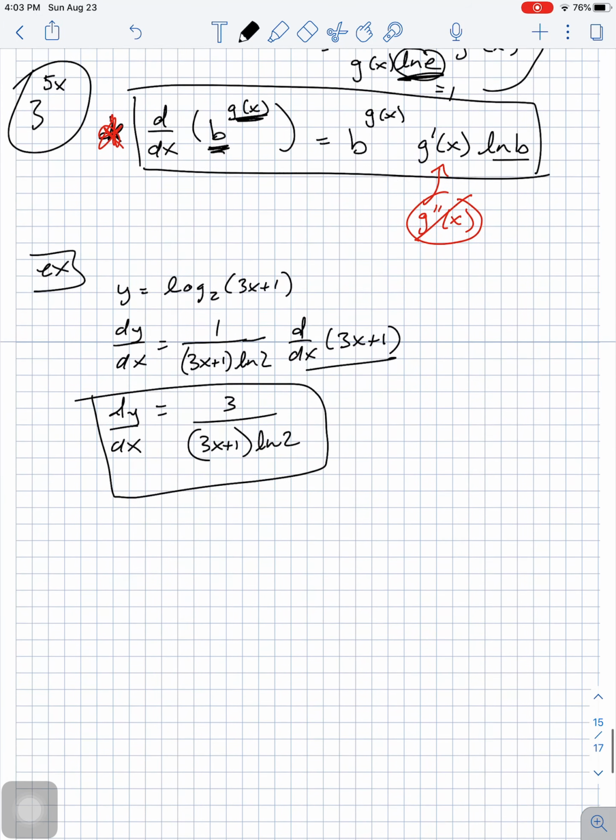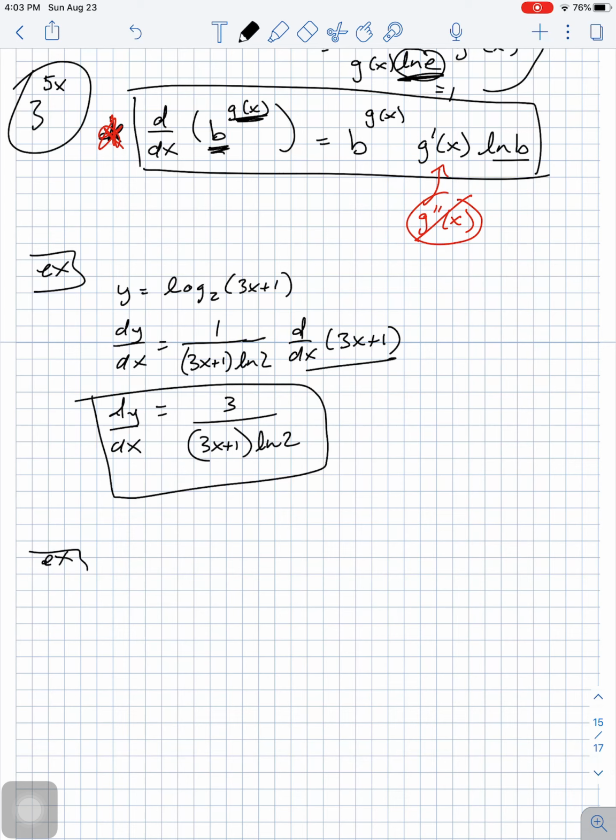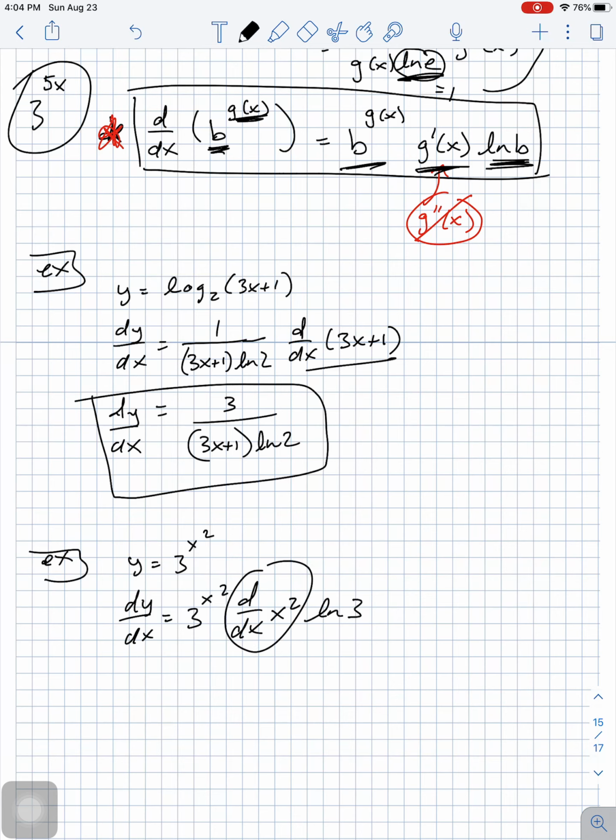All right, so that's an example of the log, and then a simple example of the exponential, y equals 3 to the x squared. So dy/dx is going to be the exponential times the derivative of the stuff times the natural log of the base, which is 3 in our case.